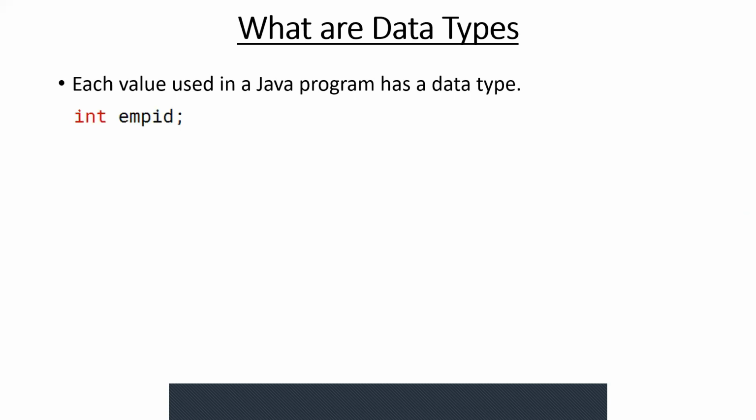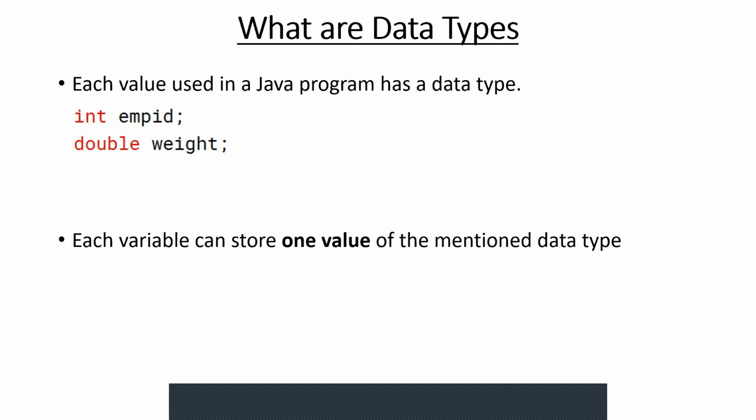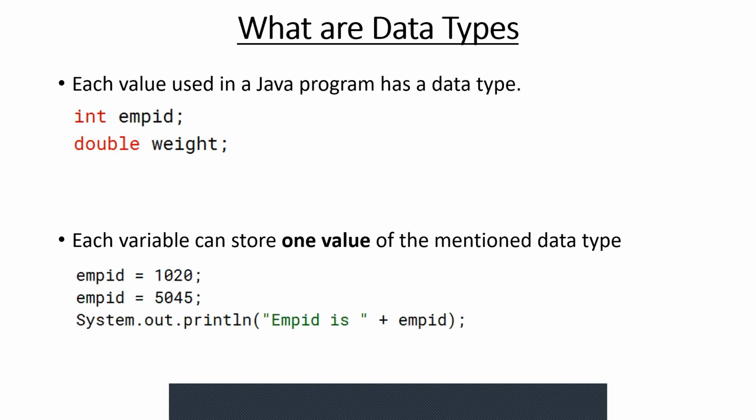For example, empid here is a variable with a data type of int. Weight is a variable with a data type of double. Now, each of these variables of the primitive data types can store one value of the mentioned data type. So for example, if for the above variable empid, I assign 1020 to it initially, and then later I change it to 5045.